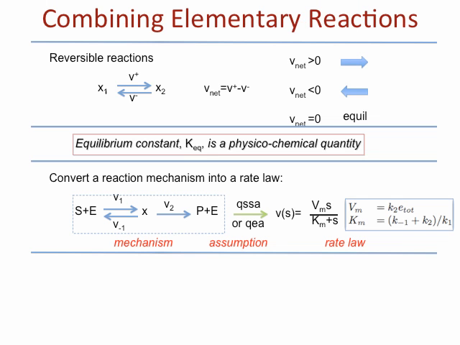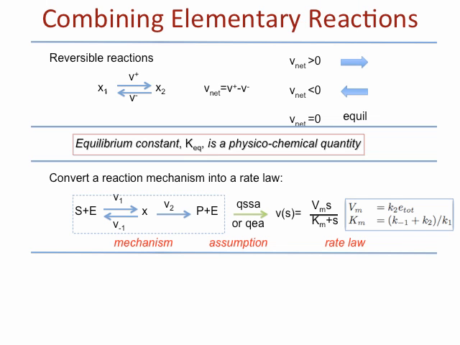They can be combined under the quasi-steady state assumption or the quasi-equilibrium assumption to generate the well-known Michaelis-Menten equation, which is the rate law shown on the right.